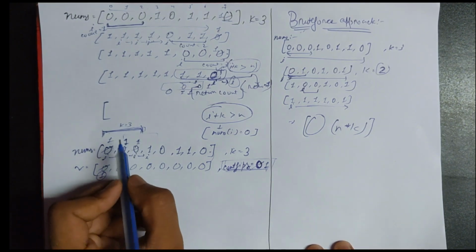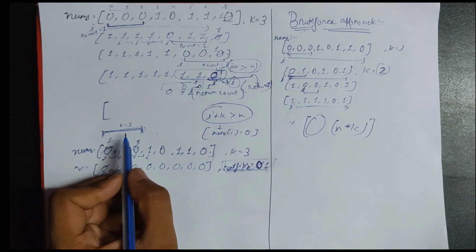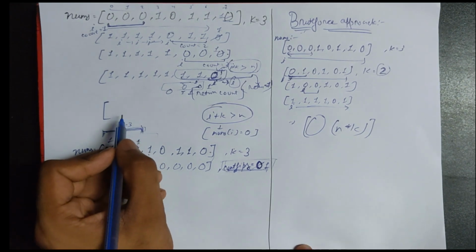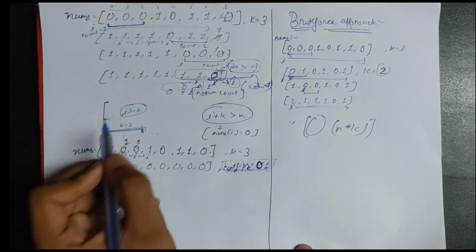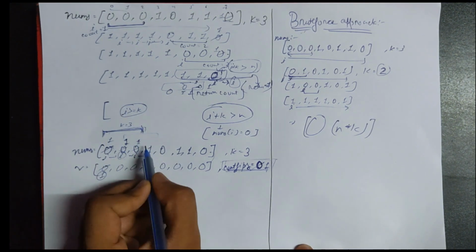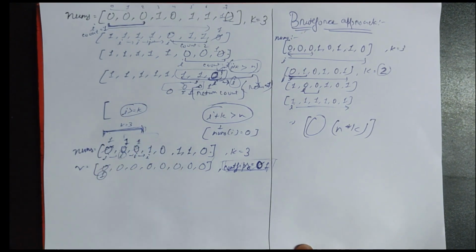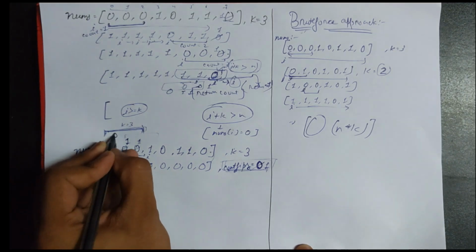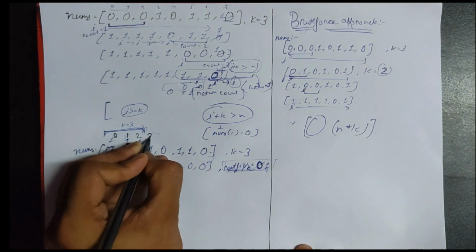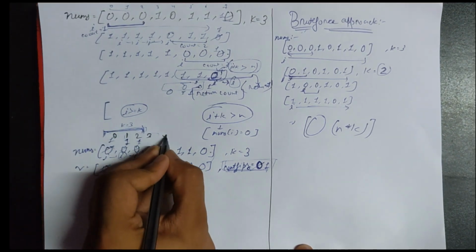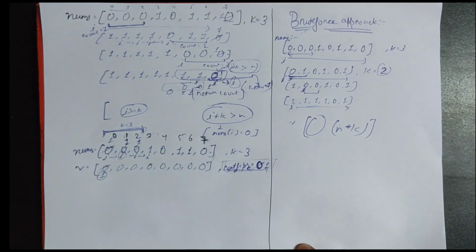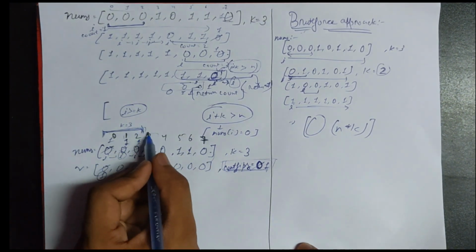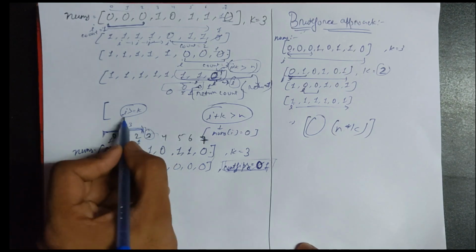Now we reach the range where i is greater than or equal to k. Let's mark the current indexes so that you can understand properly: 0 1 2 3 4 5 6 and 7. As k was 3, at this point this condition will satisfy.